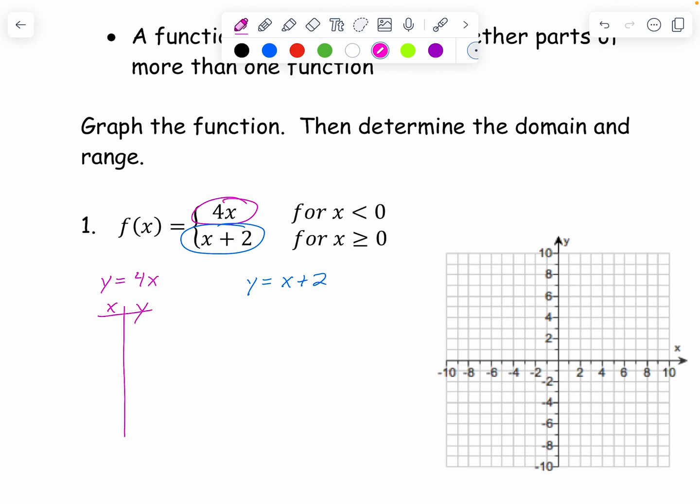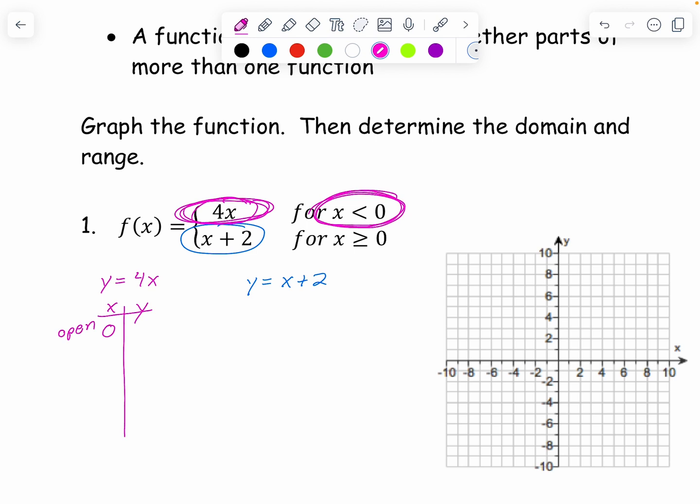Now, where I have to be careful though is for this first piece, the 4x, it tells us that we can only use x values that are less than 0. Now, it says less than 0. It does not have less than or equal to 0. However, in a piecewise function, we are going to have to go ahead and plug in 0, but because it doesn't have the equal to bar, we know that that first point is going to have to be an open circle.